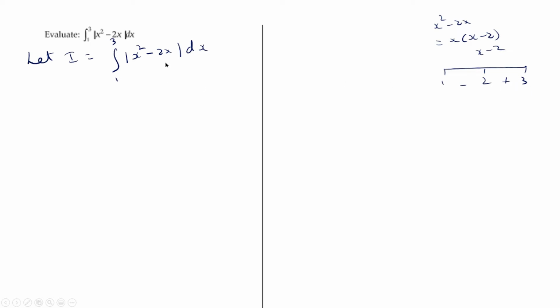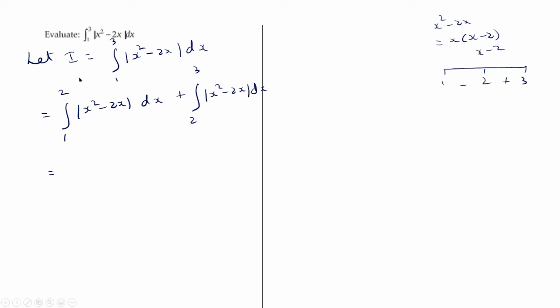So here we can use the properties of definite integral and write this as integral 1 to 2 mod x square minus 2x dx plus integral 2 to 3 mod x square minus 2x dx, since 2 is the breaking point for this modulus function.